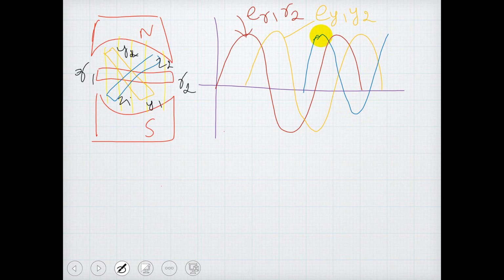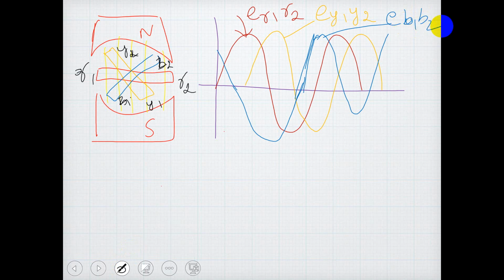Okay. So it goes like this. This, let me call this as B1, B2. Okay, so this becomes EB1 B2.